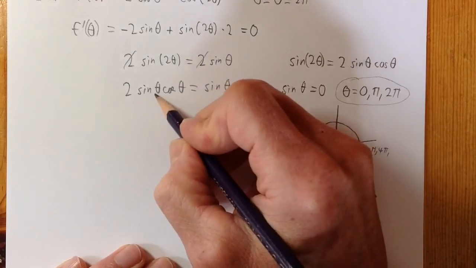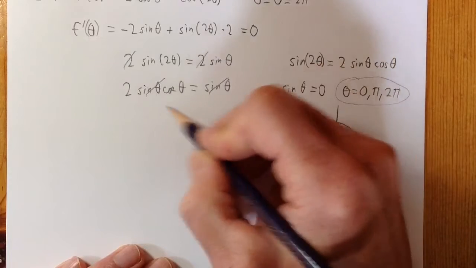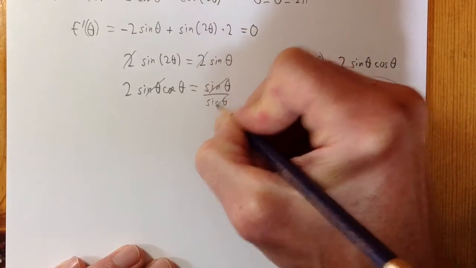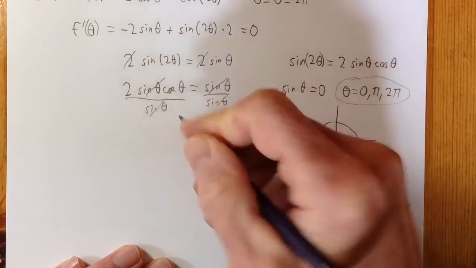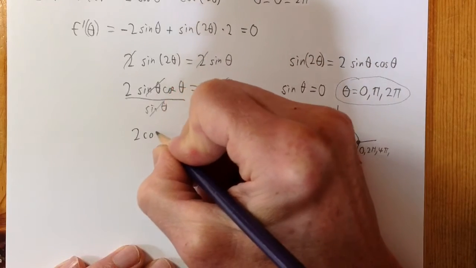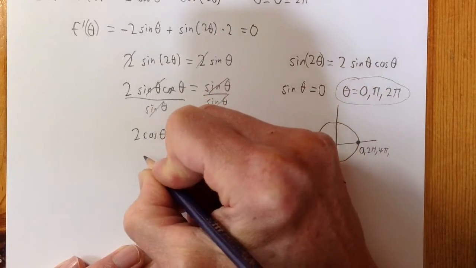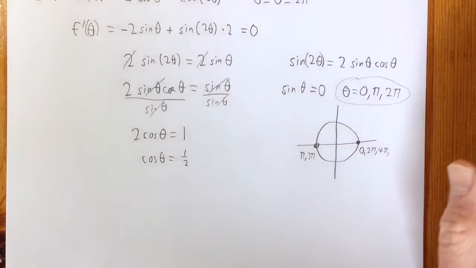Now let's divide by sine theta when sine theta is not 0. We divide both sides by sine theta, so those cancel, and this becomes a 1. So this happens when 2 cosine theta is equal to 1, or when cosine theta is equal to 1/2.